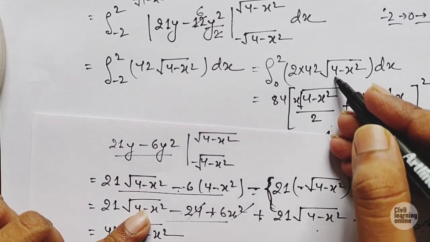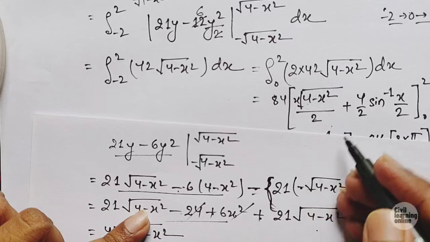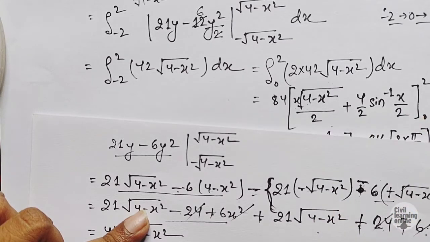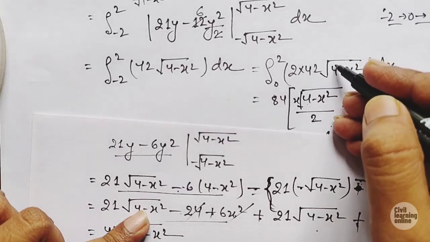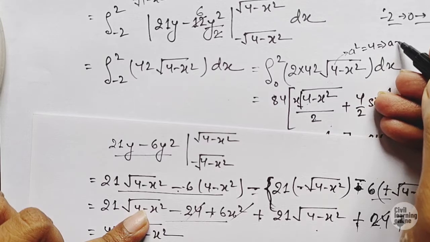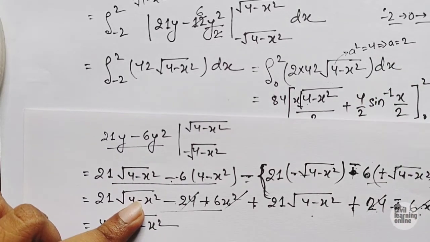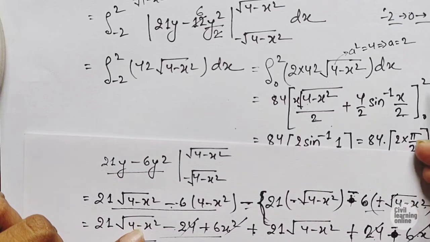In place of a square we have 4, so x root under 4 minus x square by 2, plus 1 by 2 times a square, where a square equals 4, which means a equals 2, so a square by 2 means 4 by 2, sine inverse of x upon a, which is x by 2, integrated from 0 to 2.